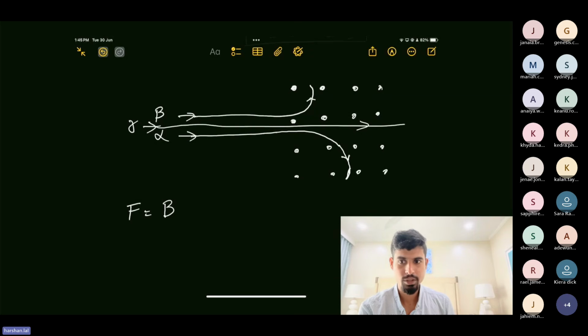We use these equations. The BQV one. Yeah, BQV sine theta. Right? So for the gamma particle, Q is equal to 0. Therefore, F would be equal to 0, right? So there would be no force acting on the gamma particle, so it will go straight through.